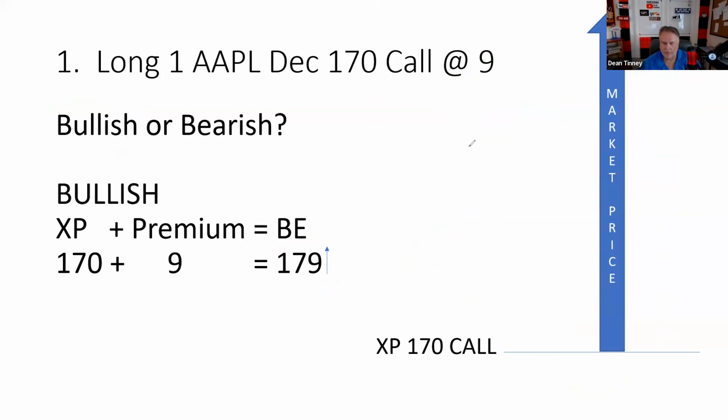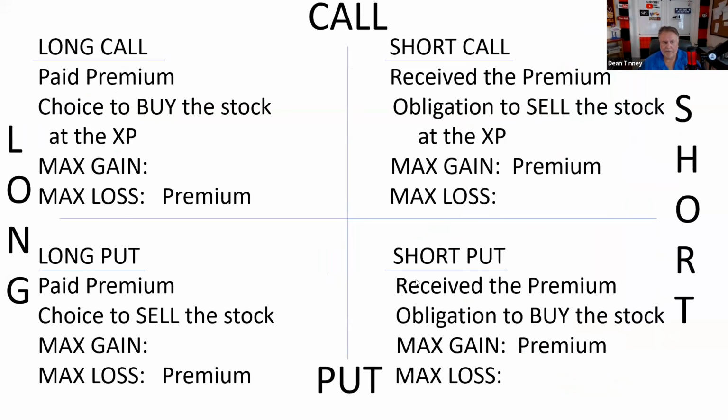So tonight we're going over our 4 basic option positions. And let's see, I've got to get rid of that. Oh, there's our matrix again. And now we can fill in our matrix in this quadrant. So now let's fill in some of the stuff we had missing. In this matrix we can fill in the max gain.